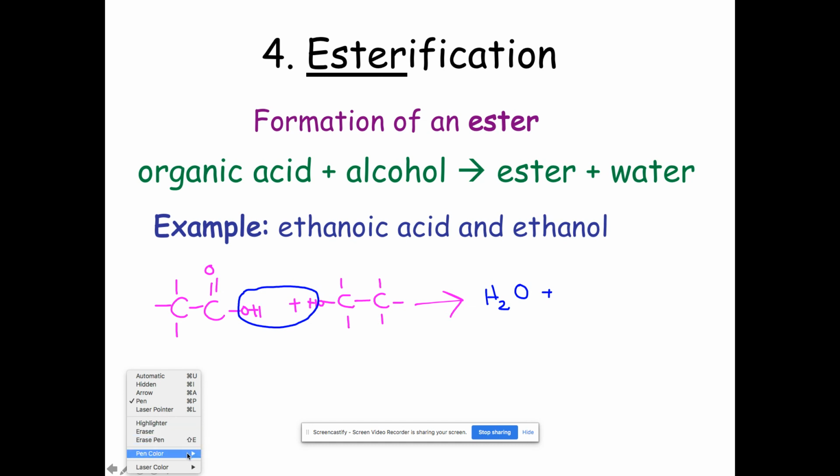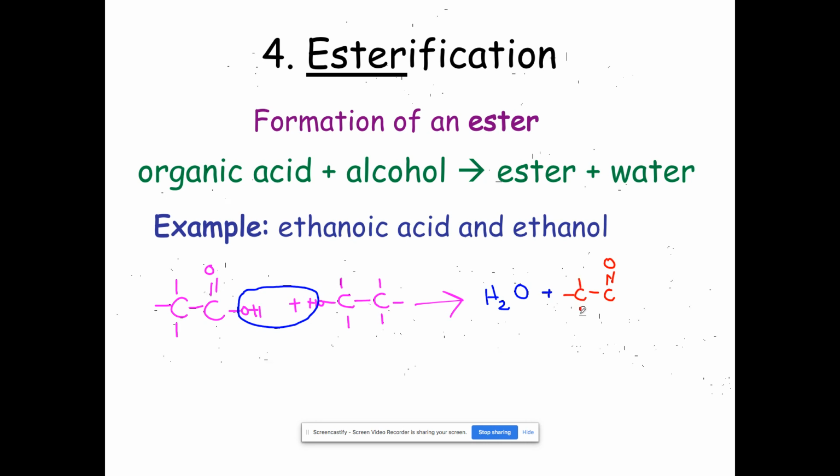Now, what would happen if now that I took that out, I slide the rest together? If I slide the other 2 together, watch what I get. C double bonded O. Here's my H's. Single bond, O, 2 carbons. I see her.